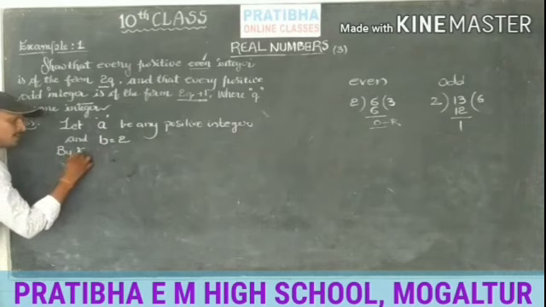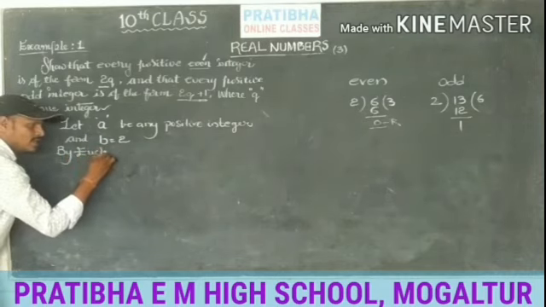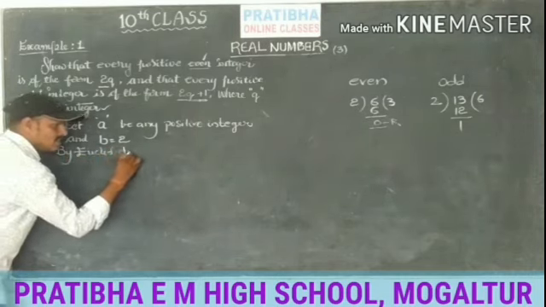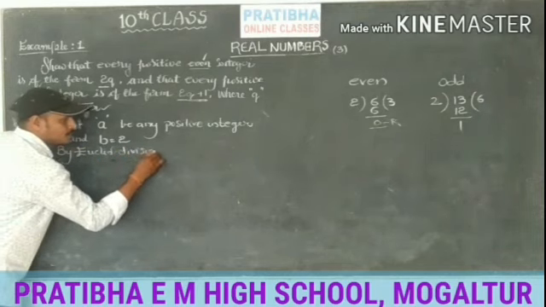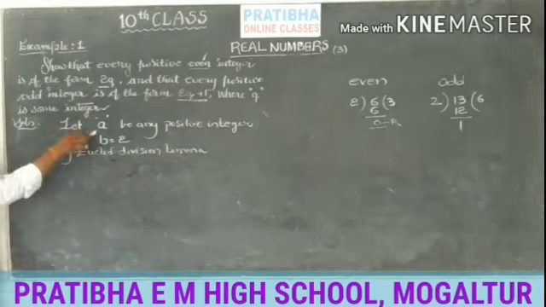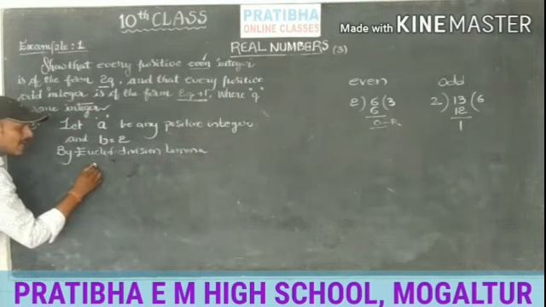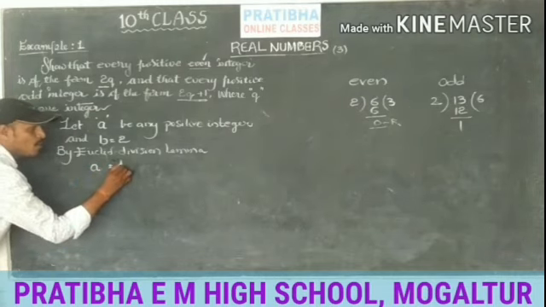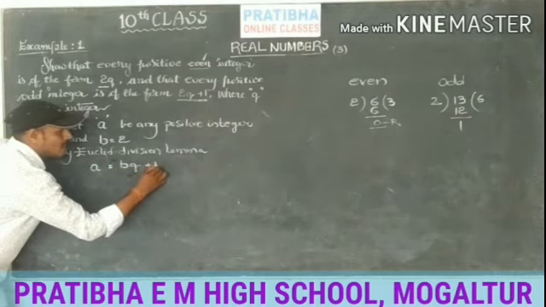What is Euclid division lemma? For any two positive integers a and b, a is equal to bq plus r.